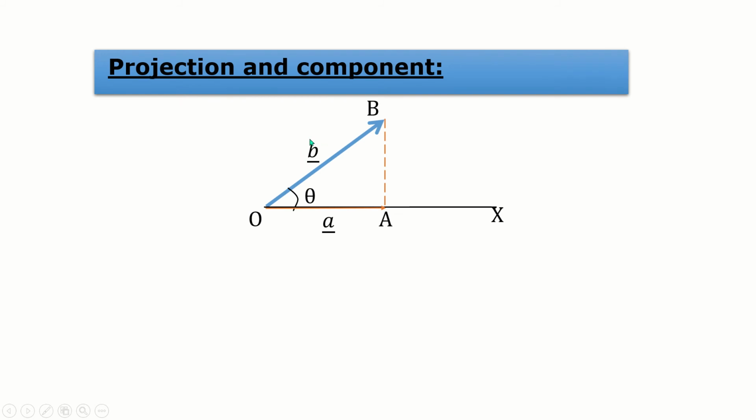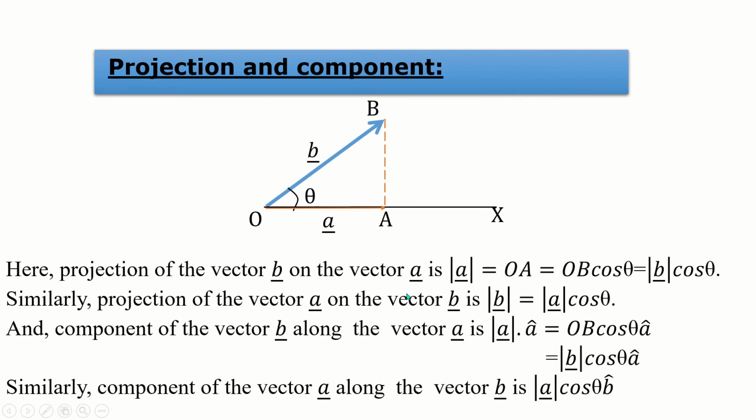That means absolute value of small b vector into cos theta. This is the projection of small b vector on a vector. Clear? Projection of b vector on a vector equals absolute value of b vector into cos theta. Clear? Okay, now follow the explanation.